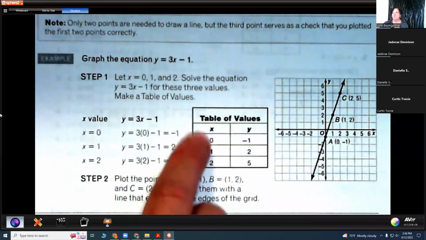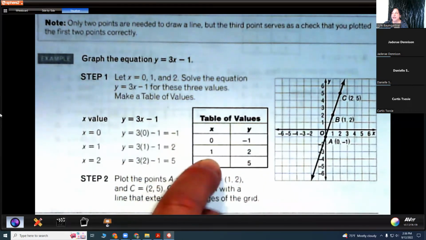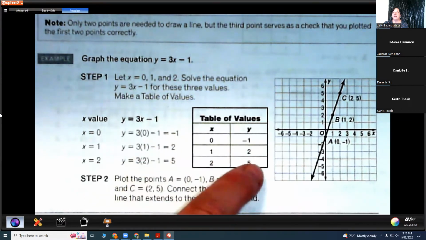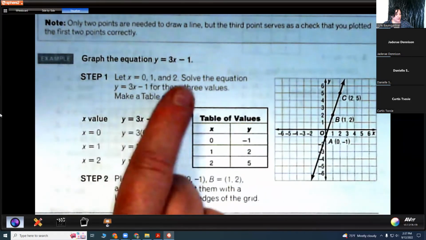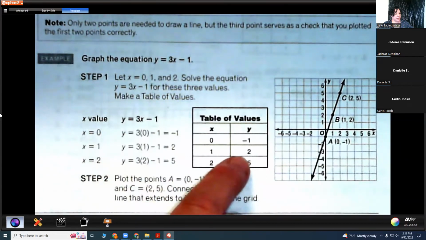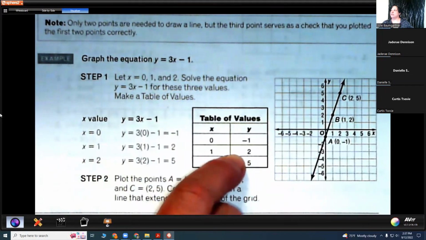So we can make up a value for x and use that to calculate the y that corresponds with it. Does everyone feel good about using the equation to find points on the line? Does that make sense?